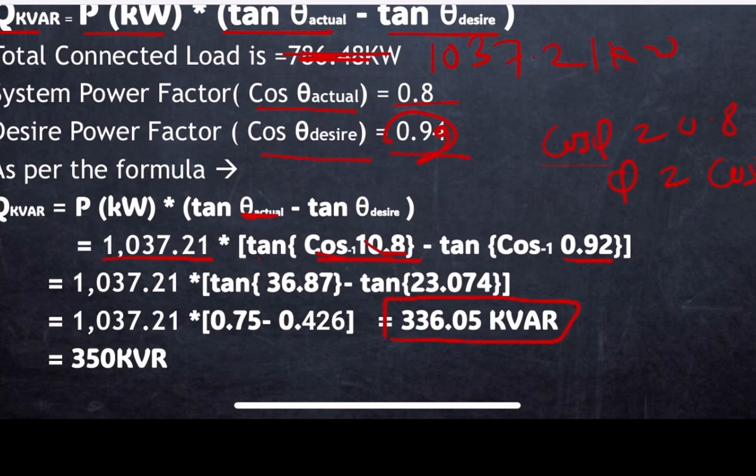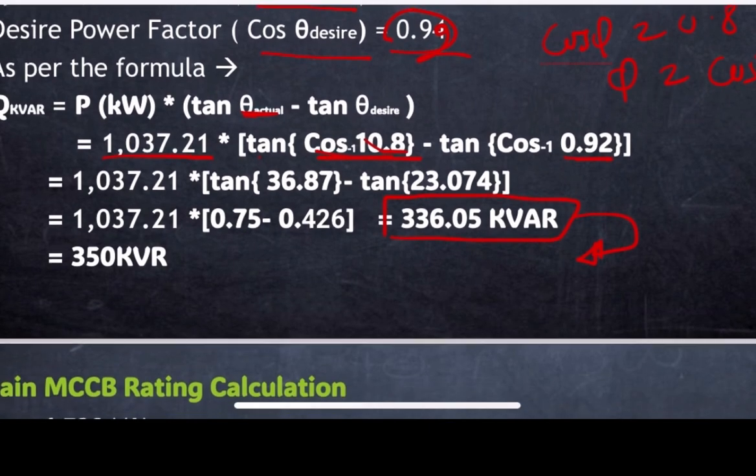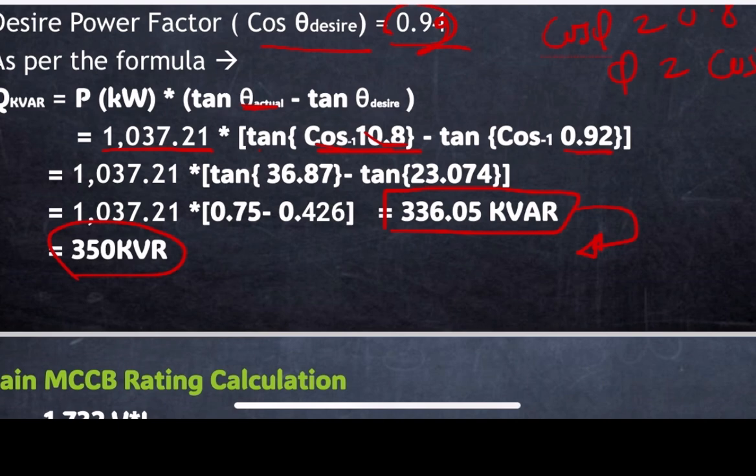The calculated kVAR rating is 336.05 kVAR. We always round up this value to a multiple of 25, so the next nearest multiple of 25 is 350. So our total kVAR rating for the capacitor bank is 350 kVAR.